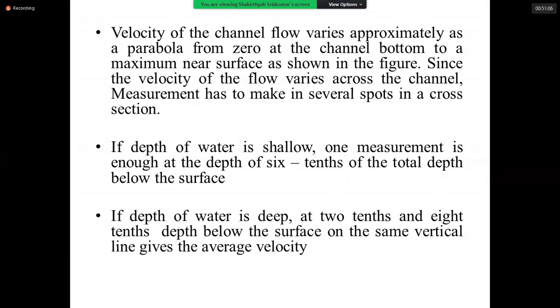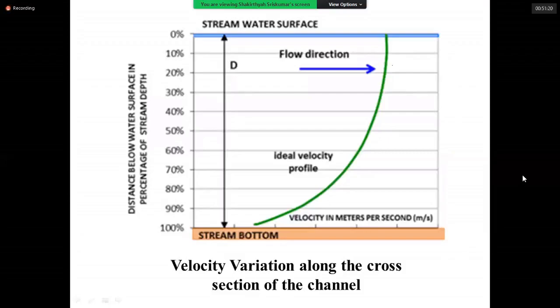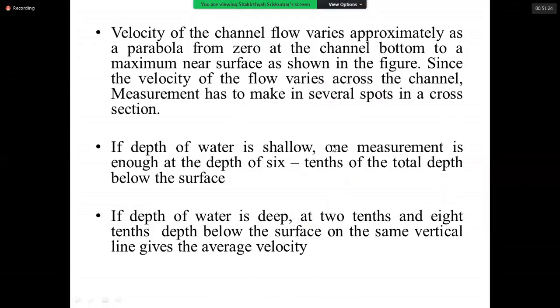The velocity of the channel flow varies approximately as a parabola, from zero at the channel bottom to the maximum near the surface, as shown in the figure. This shape is called a parabola shape. Nearly at the bottom, the velocity is nearly zero, and the maximum is near the surface.